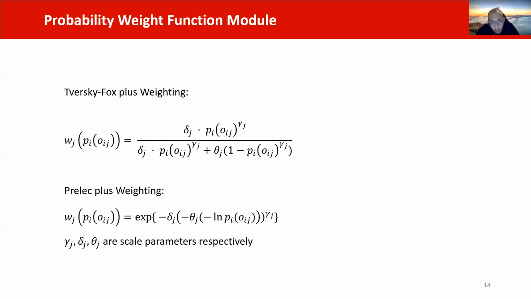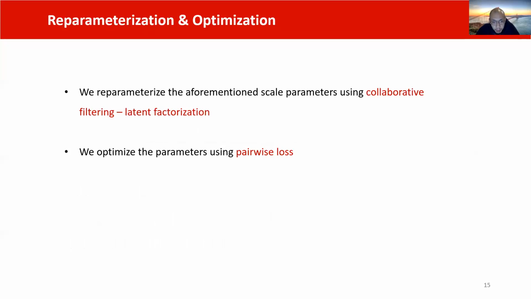To improve, we also add a third scale parameter to control the shape of the curve, as well as speed up the model convergence. We reparameterize the model parameters using collaborative filtering with latent factorization. For the training of our model, we optimize the parameters using a pairwise loss.